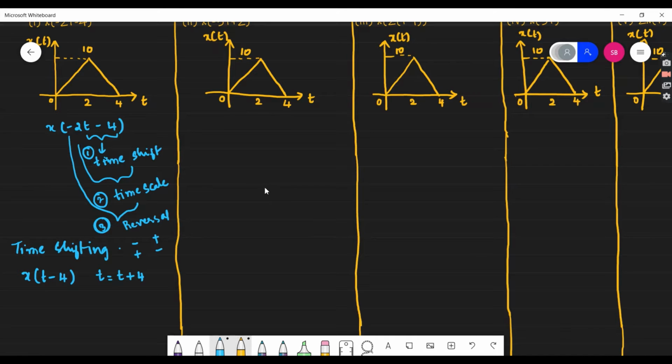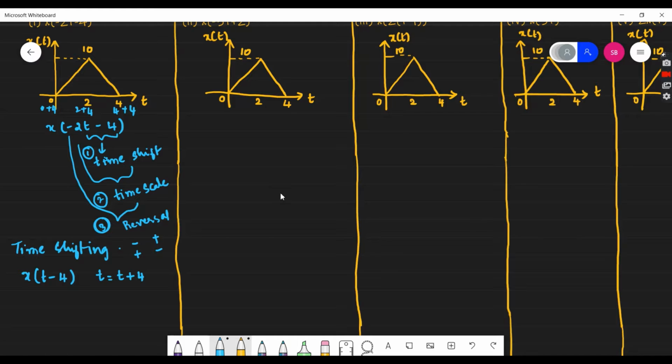Now I want x of t minus 4, so in the main signal x of t I substitute t as t plus 4. Then 0 becomes 0 plus 4, 2 becomes 2 plus 4, and 4 becomes 4 plus 4. So the signal starts from 4, goes to 6 and ends at 8.